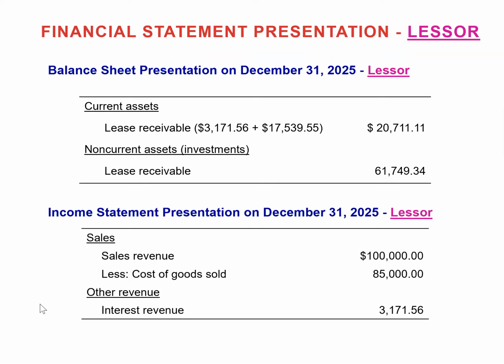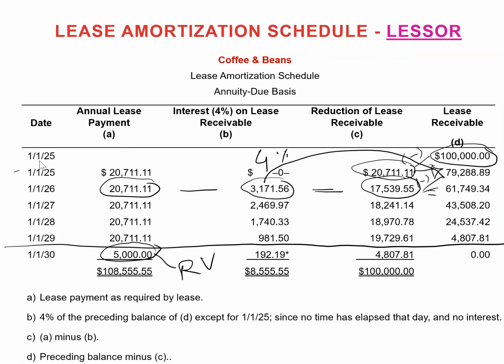Now, how they will disclose those on the financial statement? So on their balance sheet, they will of course show the lease receivables on the asset side. Now, at the end of the year, if you go back to the previous slide, you will see here at the end of the year, this is their total lease receivables, but immediately the next day, they will receive 20,711.